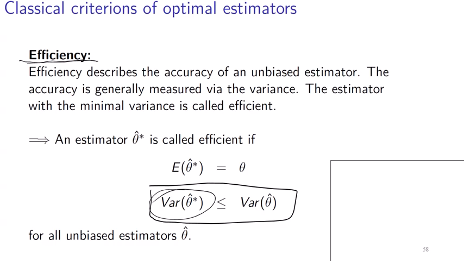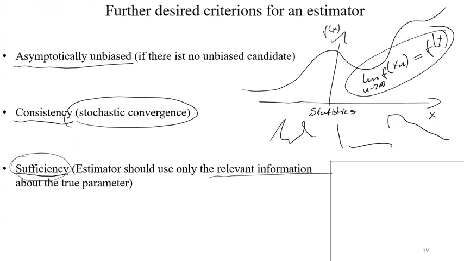And the last criterion was sufficiency. Sufficiency, I explained to you, should mean that we want to use only the relevant information.